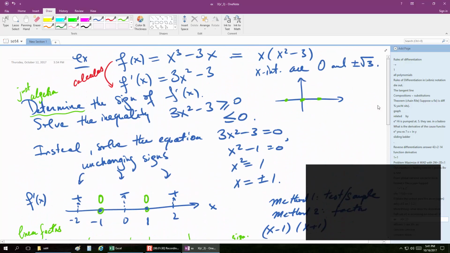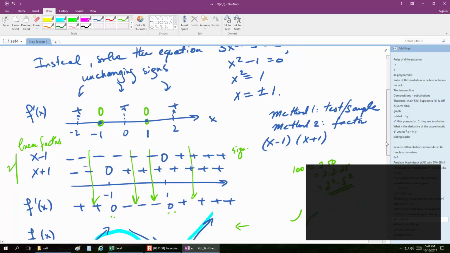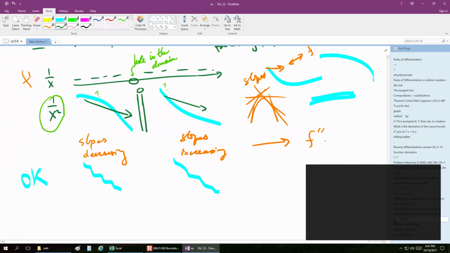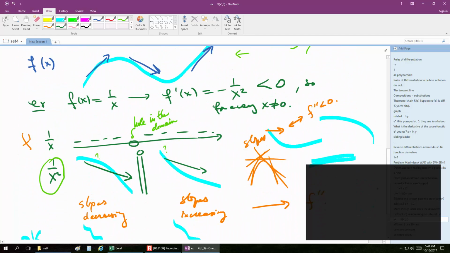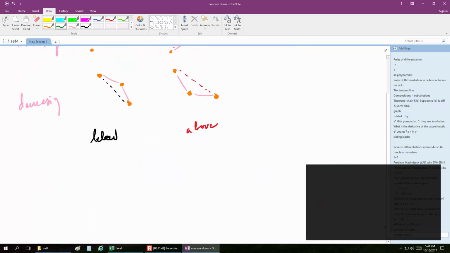Well, we could do all of them. I don't have room here, so let me do 10 over x. So f of x is equal to 10 over x. We already did this. f prime of x is negative 10 over x squared, where x is not equal to 0.